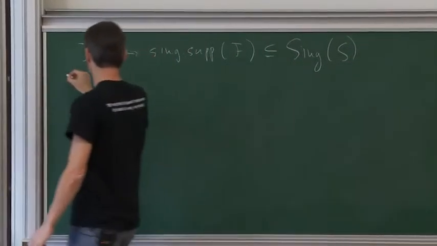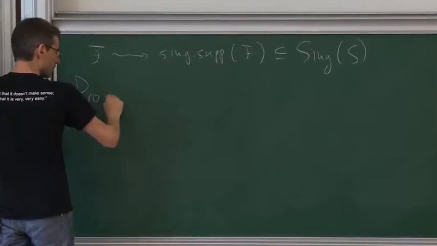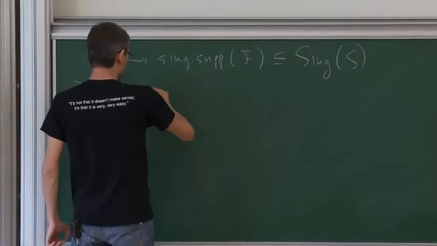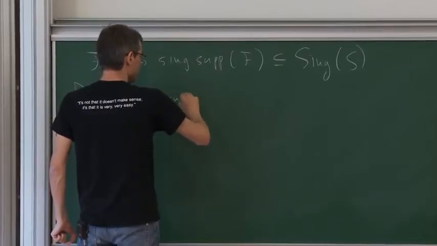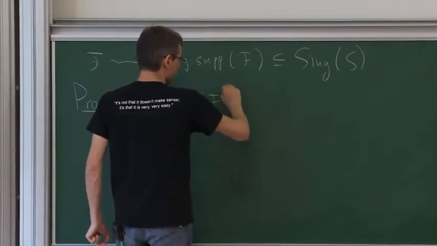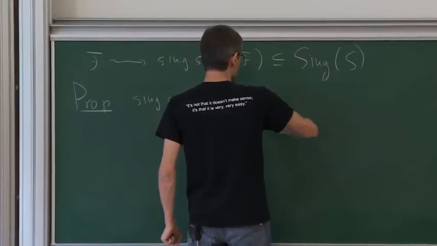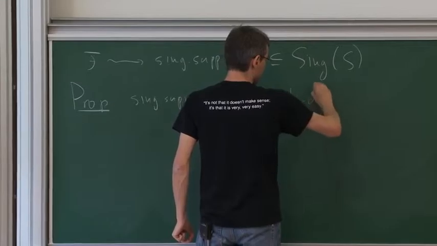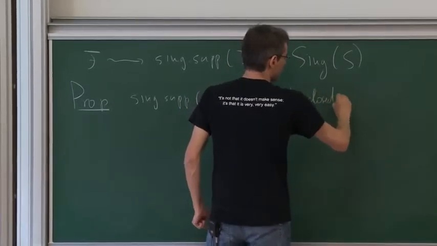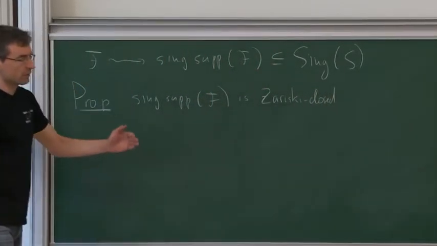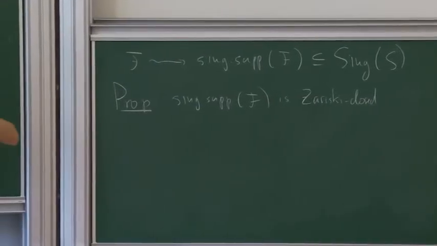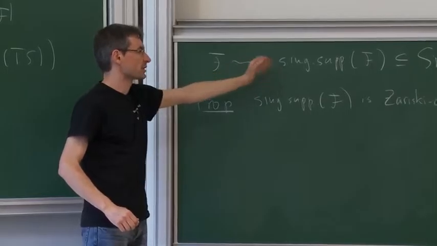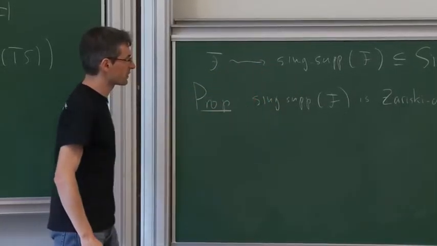The proposition is that it's Zariski closed. In the next talk, I will give yet a different definition of singular support, which will make such claims obvious. So for now, I'm just stating it.